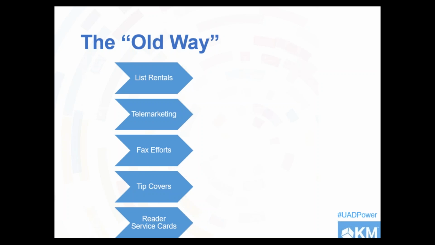Fax efforts were also a huge part of our subscription efforts, and it's slowed down a little bit, but fax is still needed. Then there are tip covers, as I'm sure you all have tip covers for renewals and new subscriptions, and reader service cards that would be inserted into the magazine.